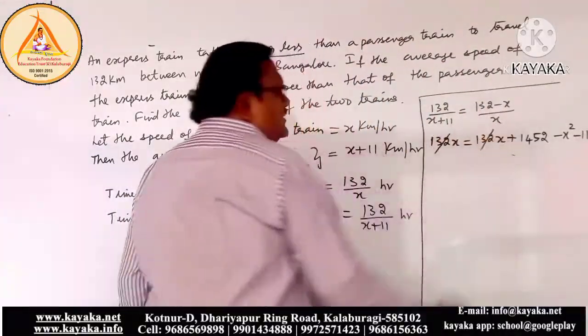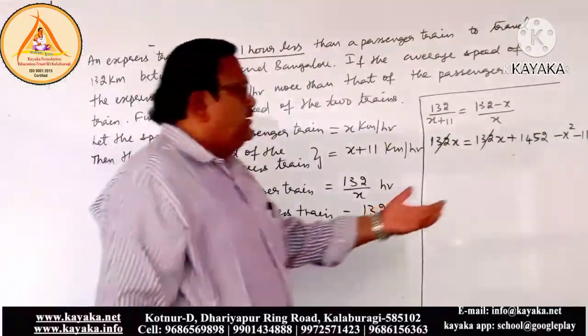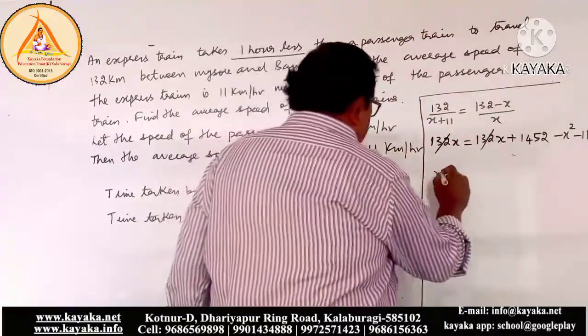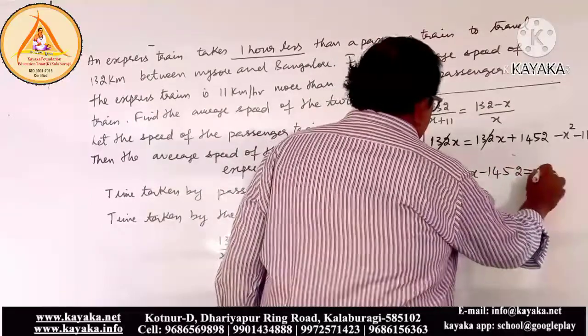Now 132x will get cancelled. Bring all these 3 terms to this side. Therefore, you will get x square plus 11x minus 1452 equal to 0.